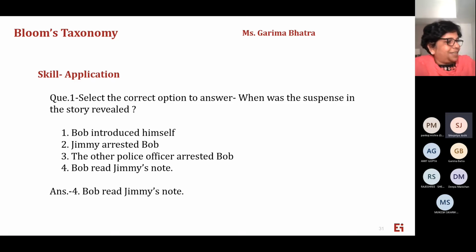When this question is being asked, that when was the suspense in the story revealed, since the student has read the whole story, he knew very well that at the end, when the arrested person read the note, the suspense was revealed. He has this knowledge already, so he has to recall that particular thing. I think that is why it should be a mechanical type question.